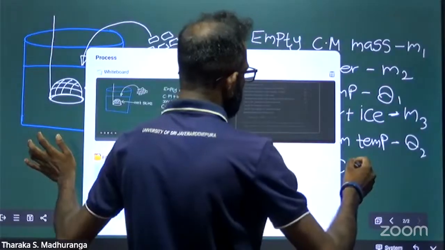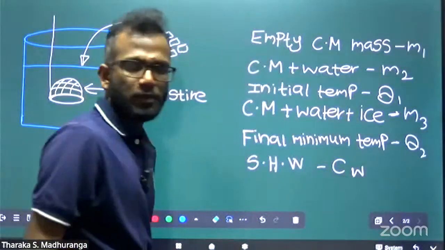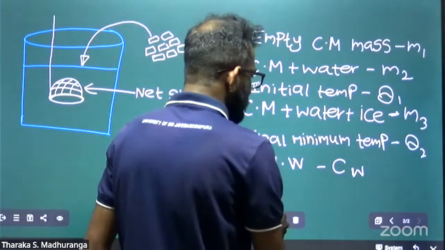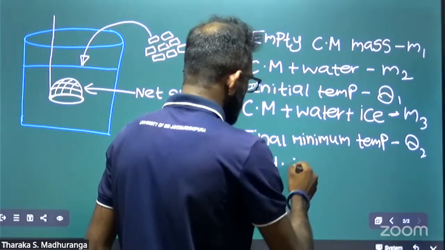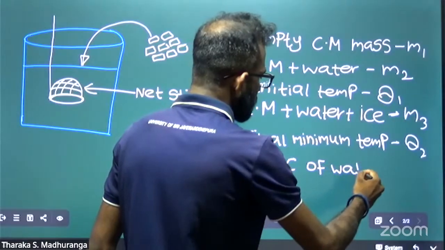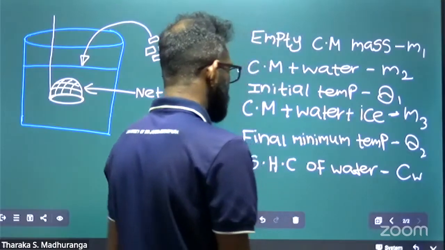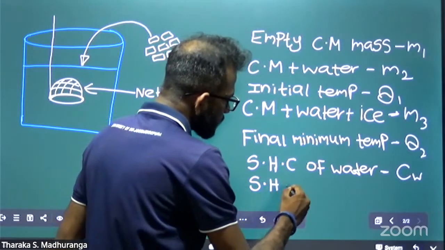It is CW, the specific heat capacity of water. Simple, CW.